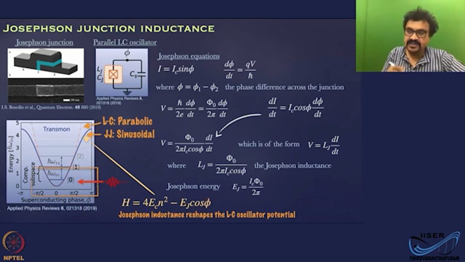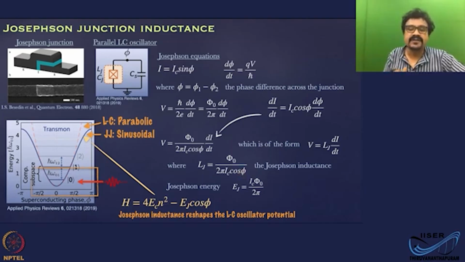Now the energy is a sinusoidally oscillating term in phase. Now it's very easy because the spacings are different between different levels, because the frequency is a function of the flux, the phase term.